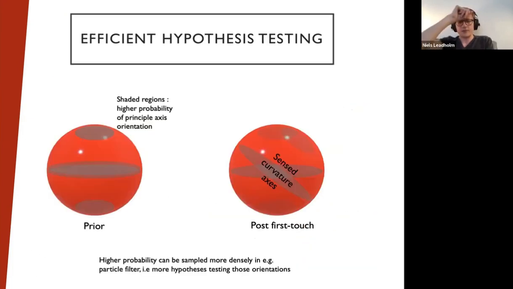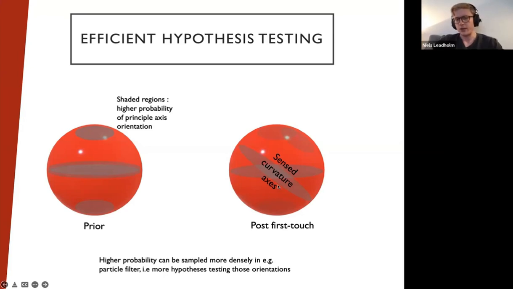And this is hopefully making it a bit clearer how you can test with this kind of probability distribution, for example with particles, where initially you might have a prior that the principal axis is either upright, inverted, or on its side, which is anywhere along the equator.